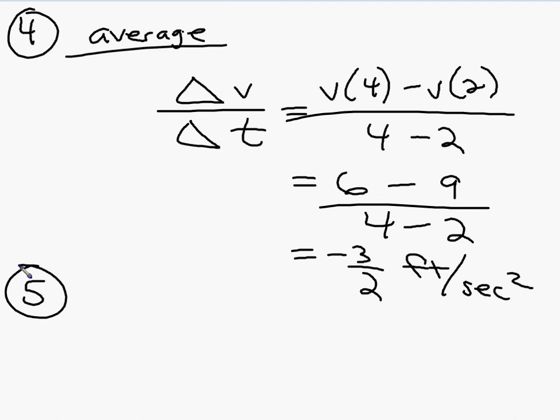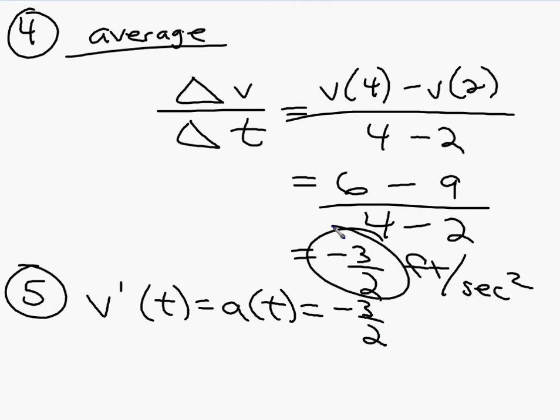Question number 5. Is there guaranteed to be a time t in the interval 2 to 4 such that v prime of t equals negative 3/2? I'm wanting to know, can I be guaranteed that v prime of t, which remember is the acceleration, is equal to this value that we just got?